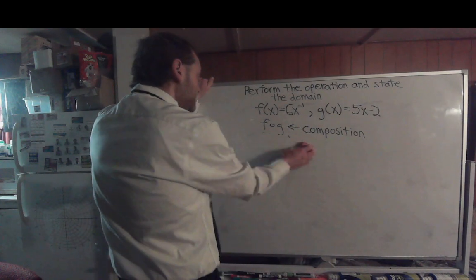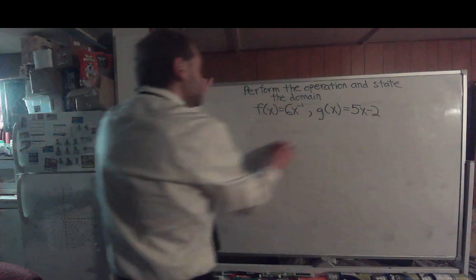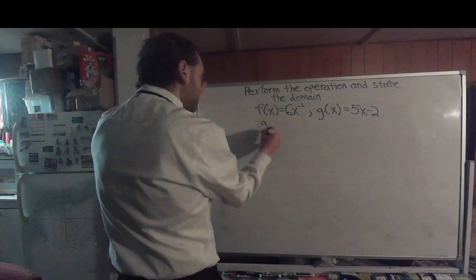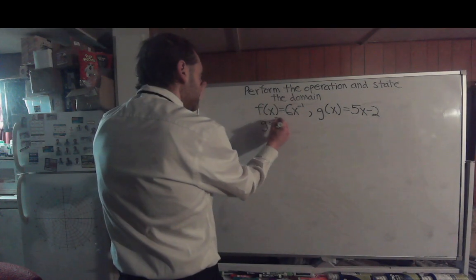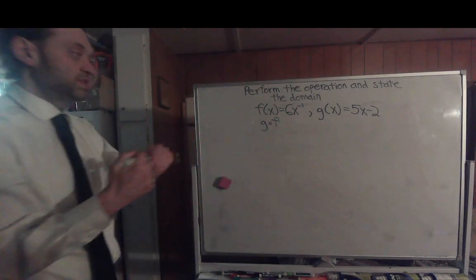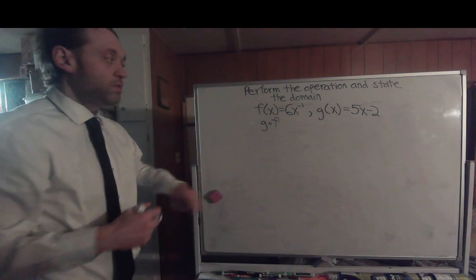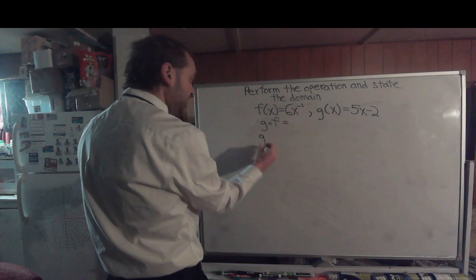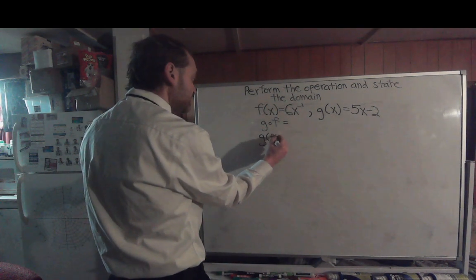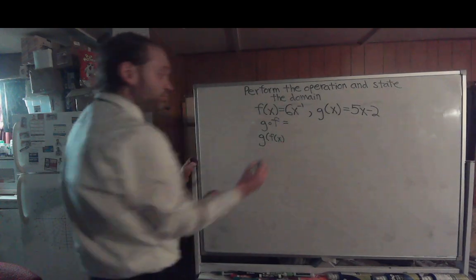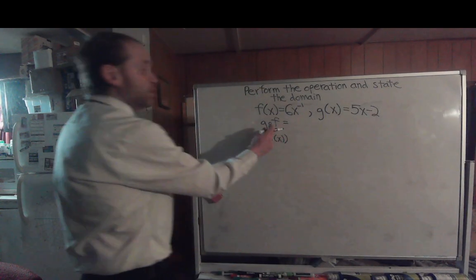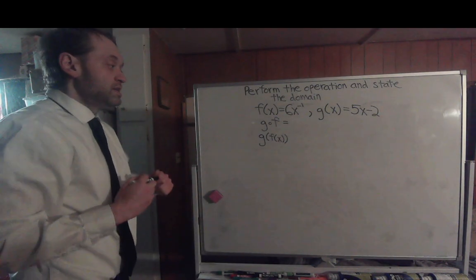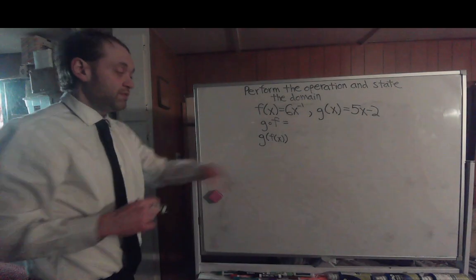Let's keep our same functions, but this time we're going to take g composition f. It looks like Goff. Well, g composition f is literally g of f of x. So this proves that order does matter when it comes to compositions. The order does matter. So this time we're taking g of f of x.